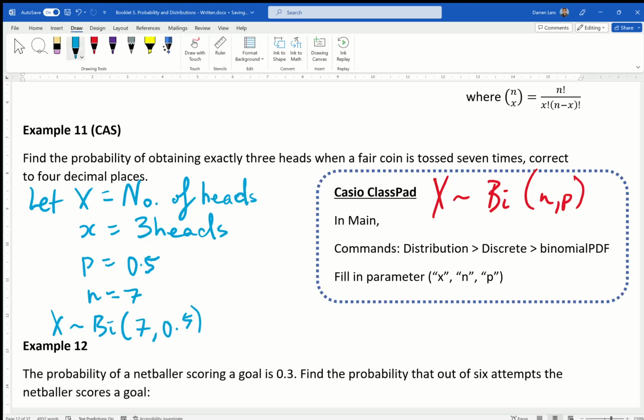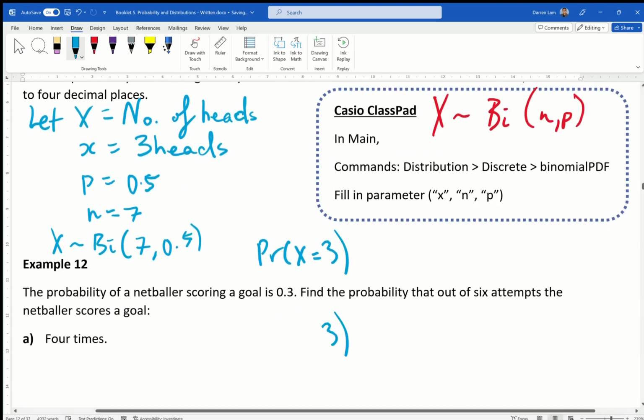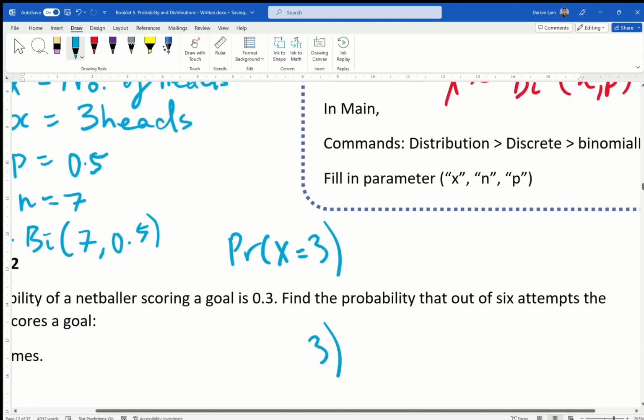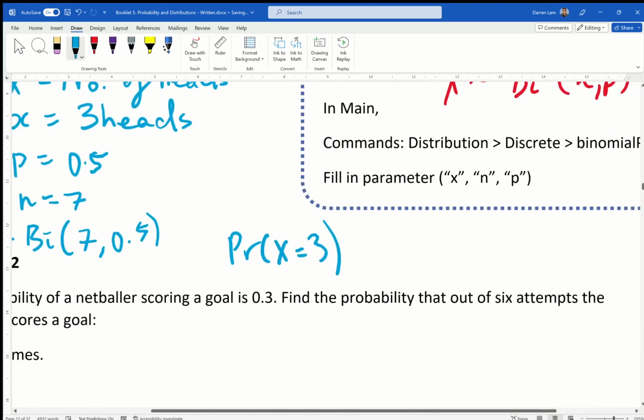Okay, let's go ahead and solve that. So in other words, the probability of X being equal to 3, right? I'm going to write the formula down. Let's not do this one using the function yet. I'll show you the function in a moment, but let's pretend that we don't know it yet.